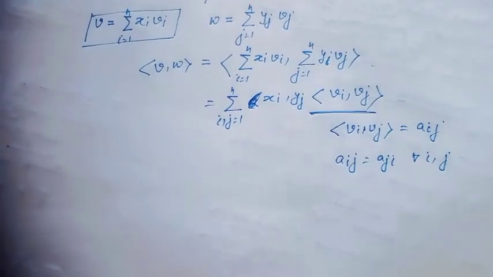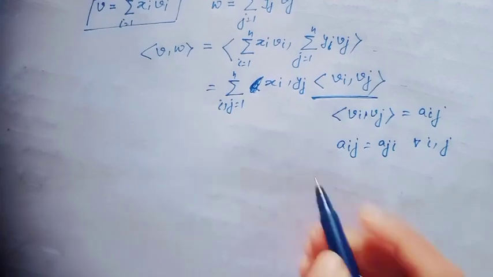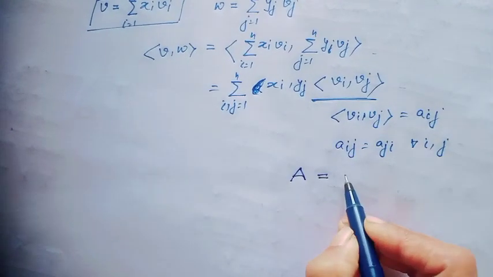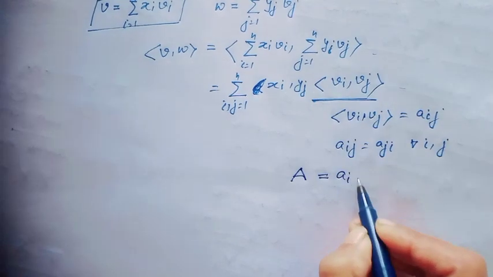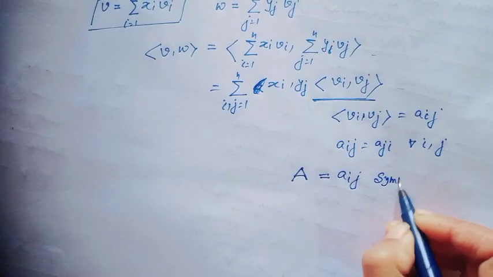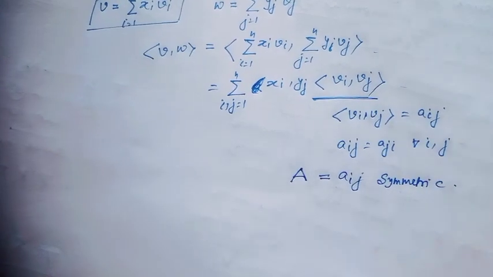Have you understood? Therefore, if we construct one matrix A whose entries are aij, obviously this is symmetric. Therefore, our proof is done.